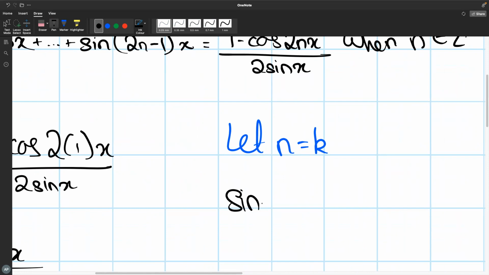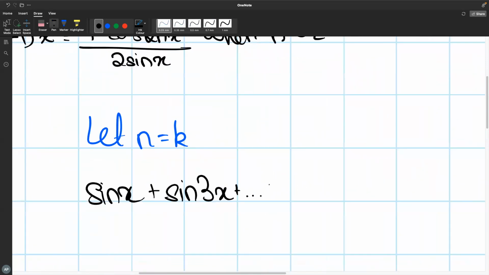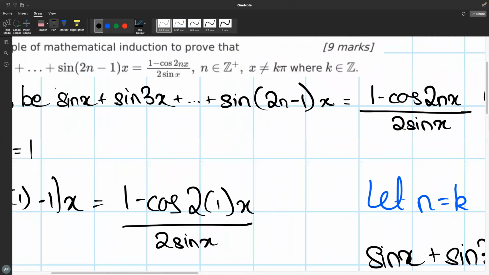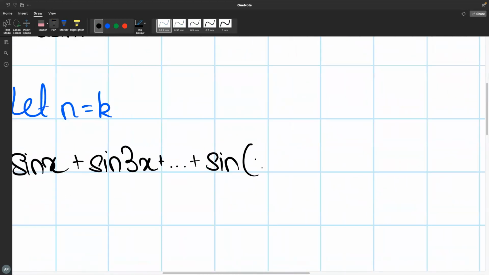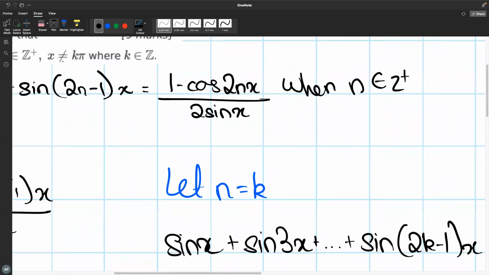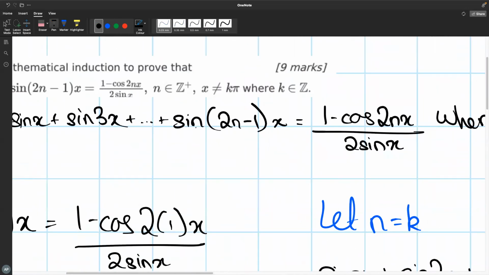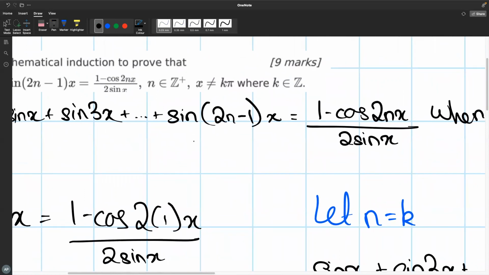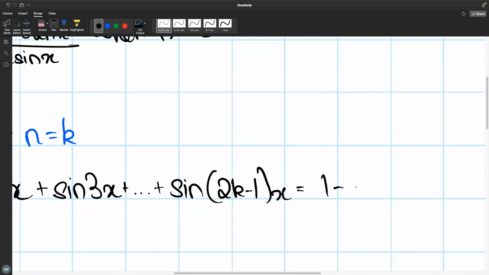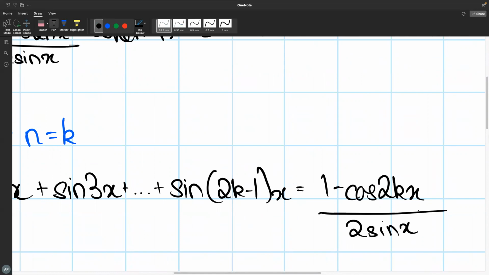So sine of x plus sine of 3x plus dot dot dot sine of, now over here we have 2n minus 1. So this would be 2k minus 1 x is equal to 1 minus cosine 2nx, and n is k. So it will be 1 minus cosine 2kx over 2 sine x.